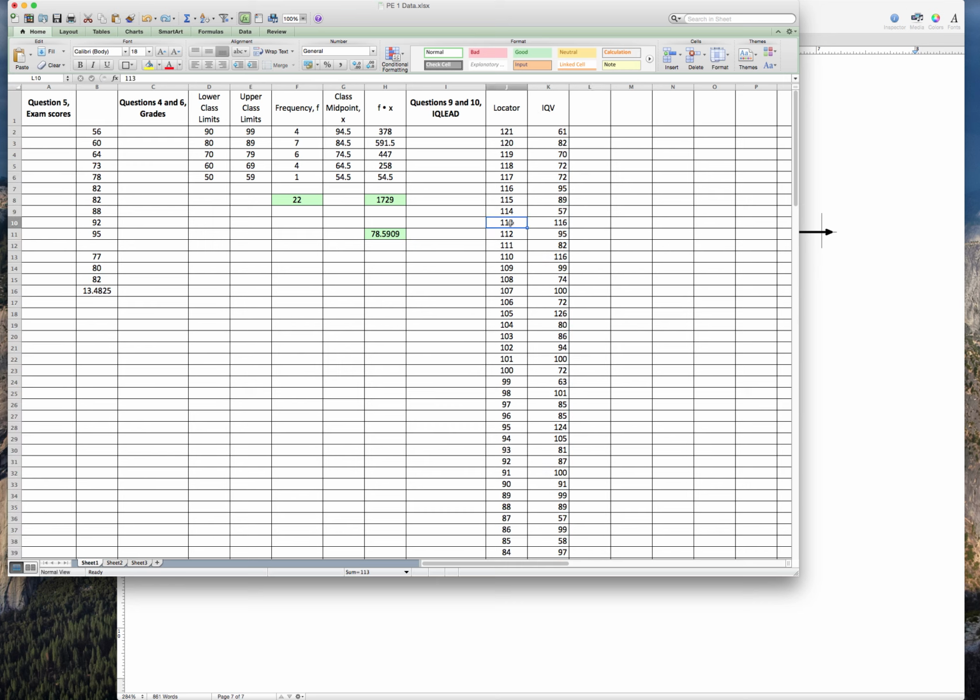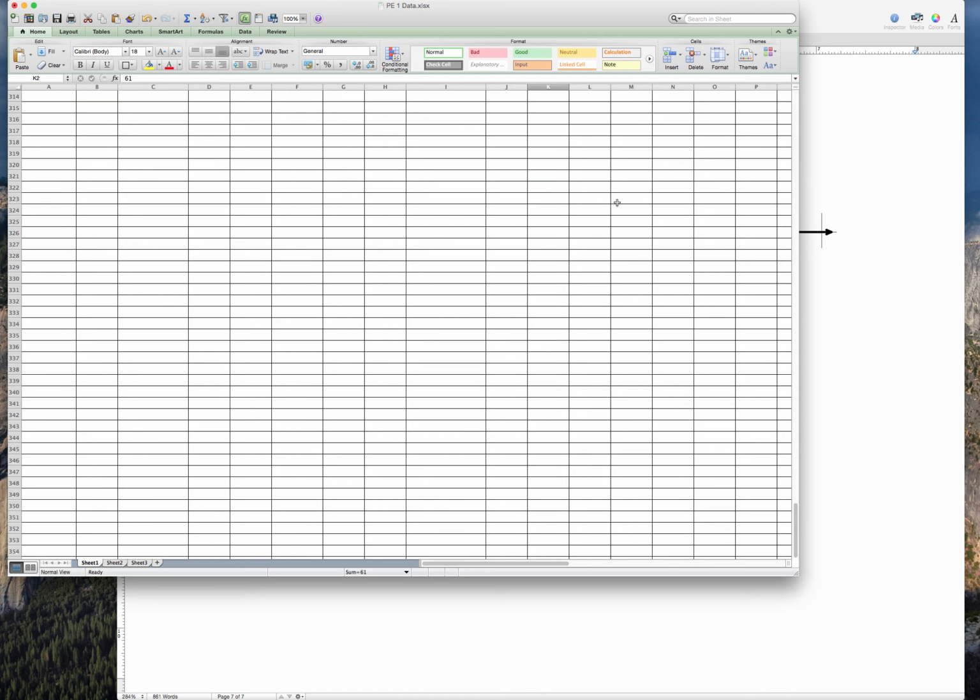So I'm going to highlight these two cells, or I'm going to turn them red so that it's easy to see them. And now I'm going to select all my data values again.